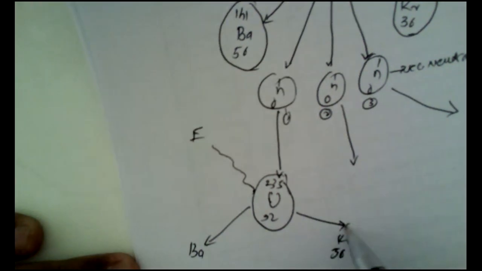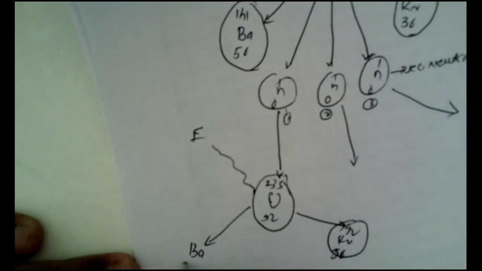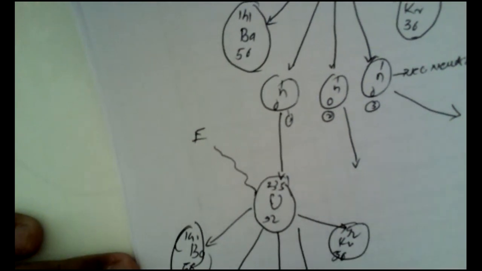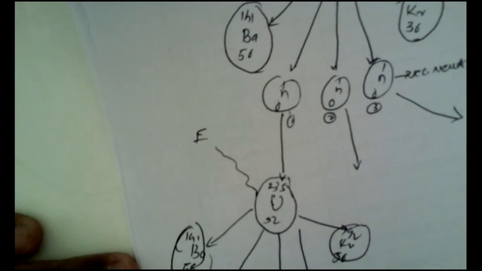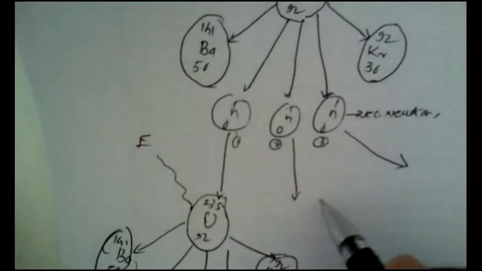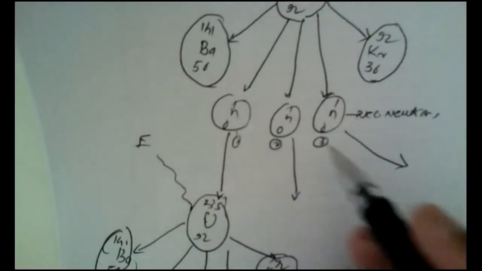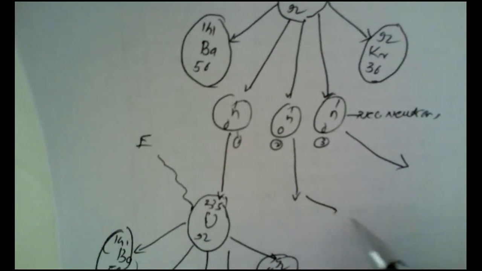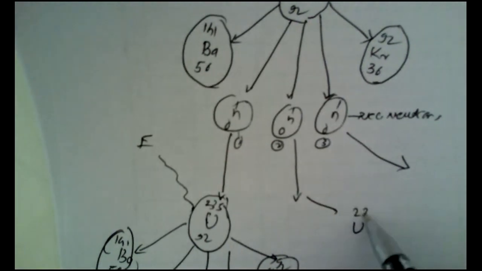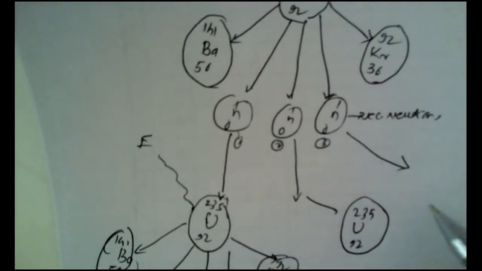I think you are writing side by side with me also. This is barium 56, 141. And here 3 neutrons are ejected like this. These are the 3 neutrons. And this neutron again bombards another atom of uranium-235-92 nucleus like this.